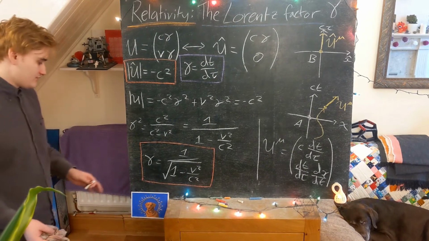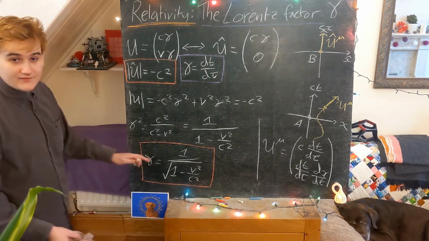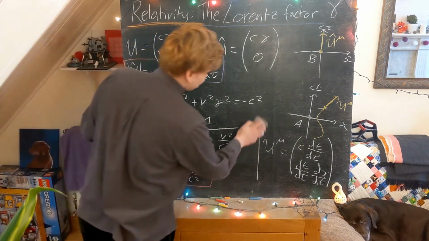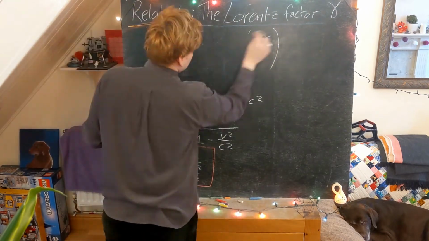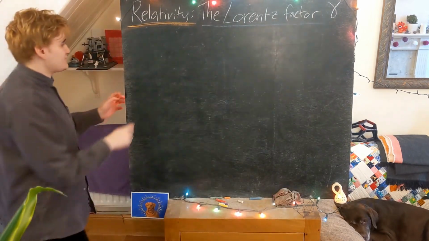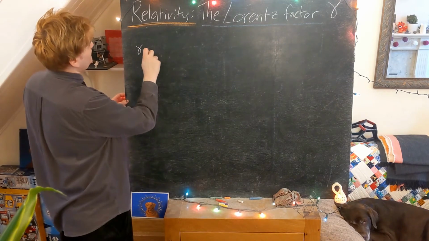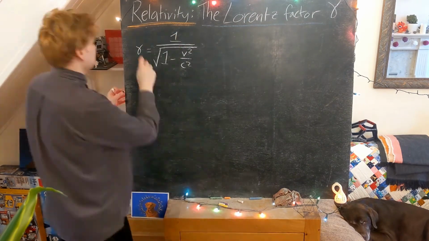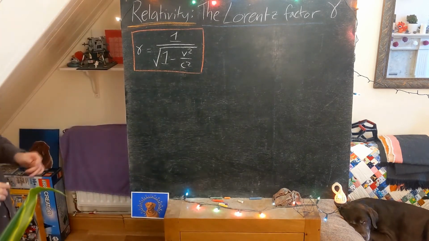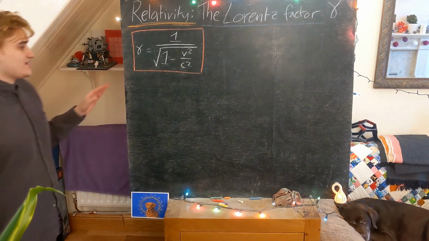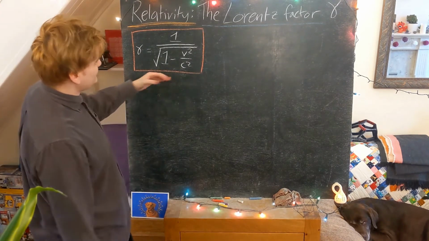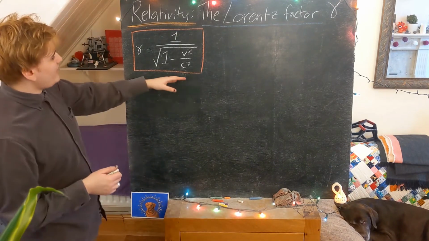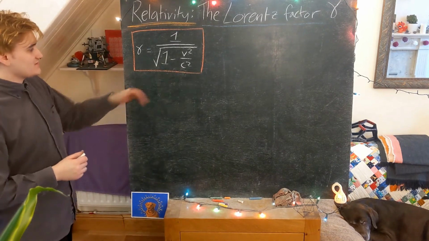So before we move on, I just want to make a few comments about this now. So I'll just rewrite what we just derived. This Lorentz factor, which we're going to see a lot of, so it's useful to start exploring it and getting a feel for what this function is doing.